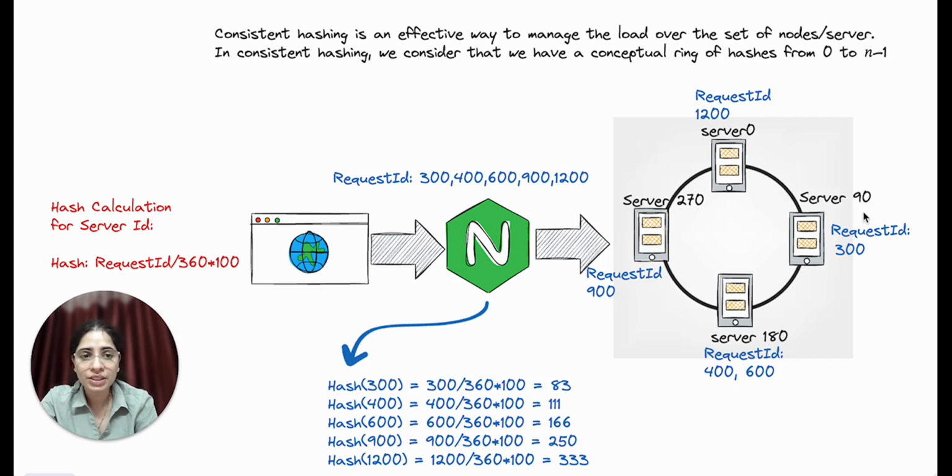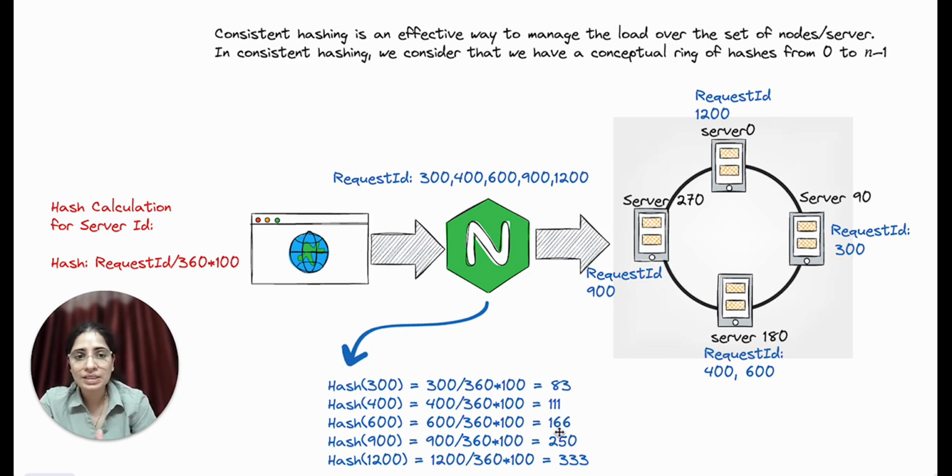So this is server 0, server 90, 180 and 270 for more clarity. Now we have another hash calculation mechanism where the hash function is request ID divided by 360 into 100. Whenever a request comes onto this Nginx server, we calculate the hash.